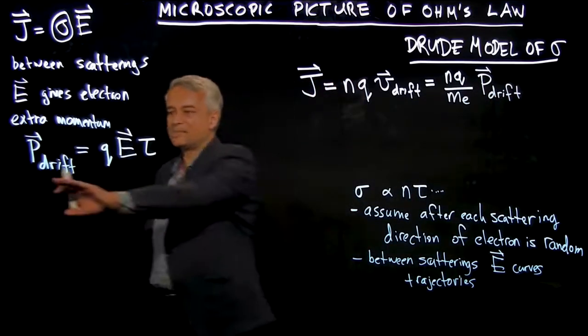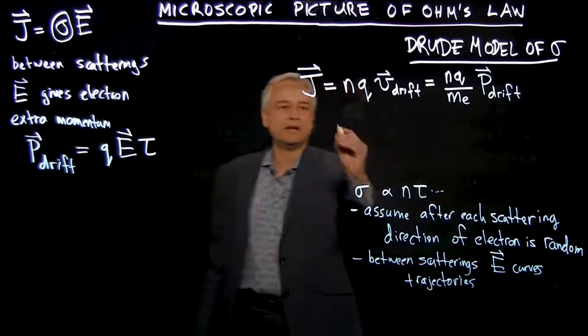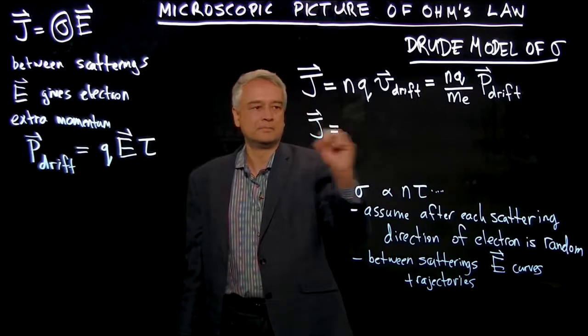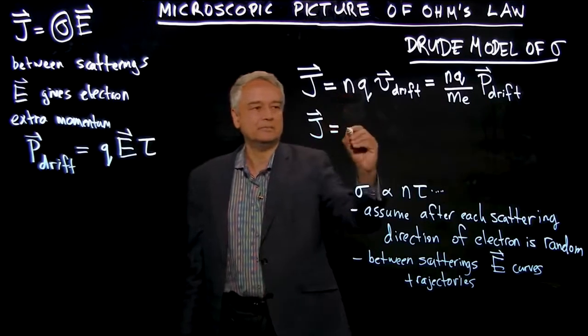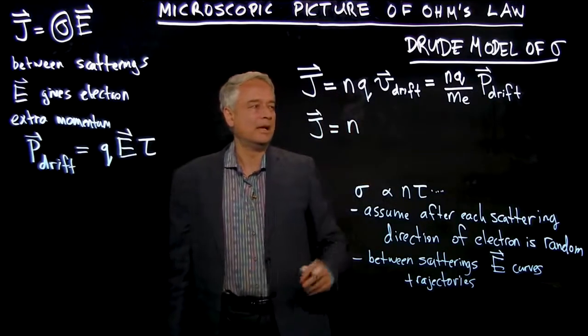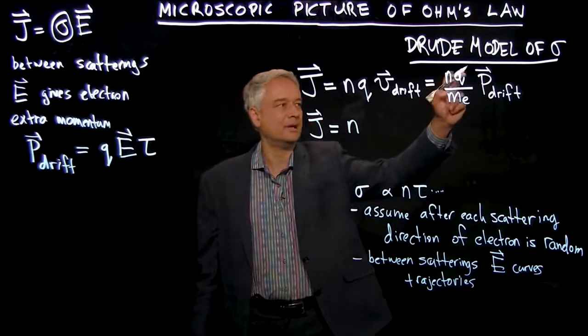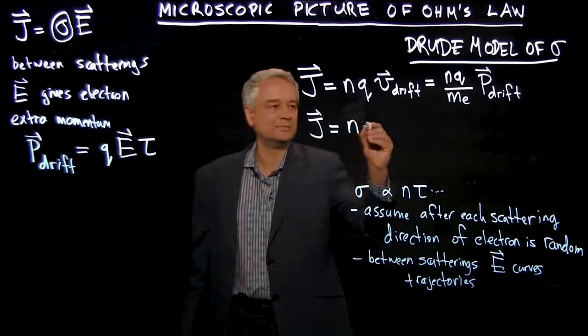And now I take my result for P drift from over here and substitute it in there, and I get a result for J. Let's see what I get. So J is N, a Q, and another Q from here. So that gives me Q squared.